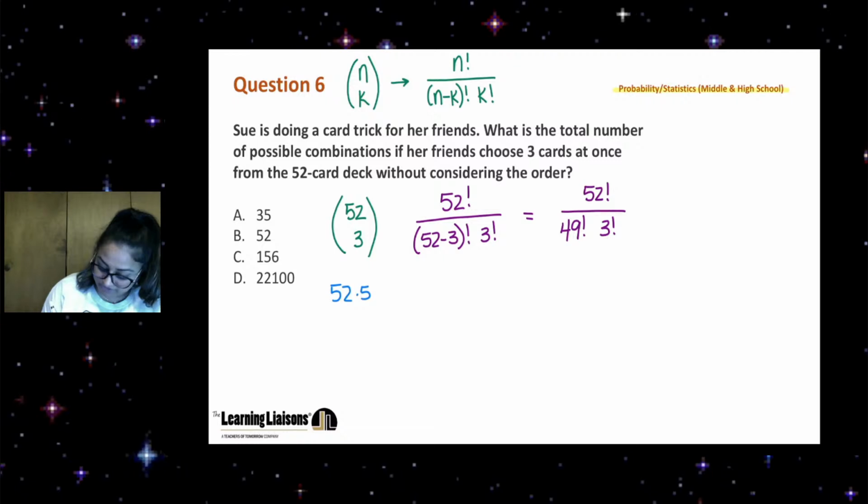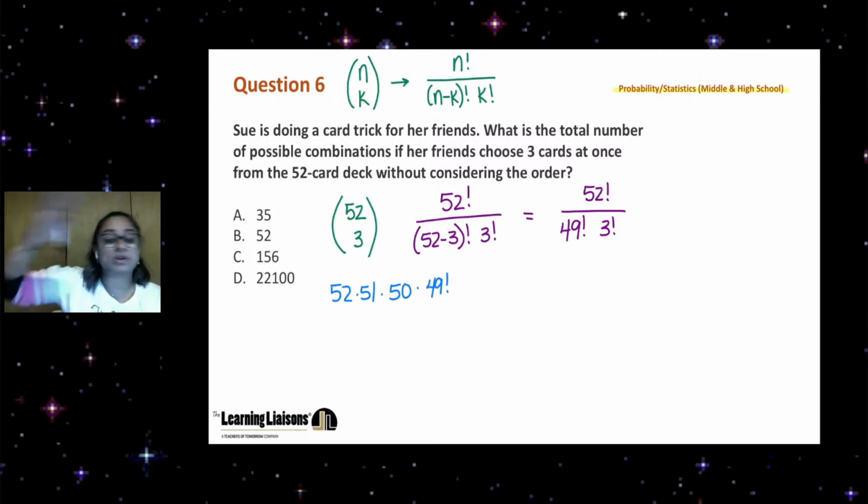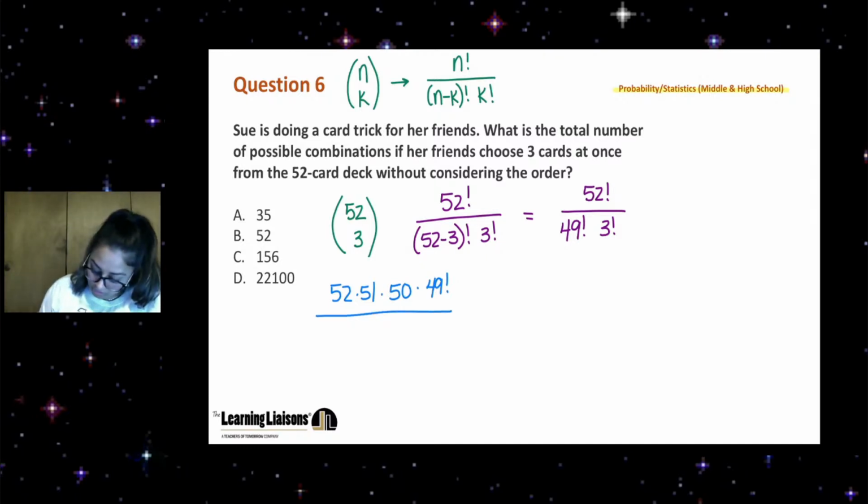And this is the cool thing that happens. 52 times 51 times 50 times 49 factorial, because I don't want to keep writing the rest of them. So 49 all the way to 1, all over 49 factorial times 3 times 2 times 1. I'll just write out the 3 factorial.